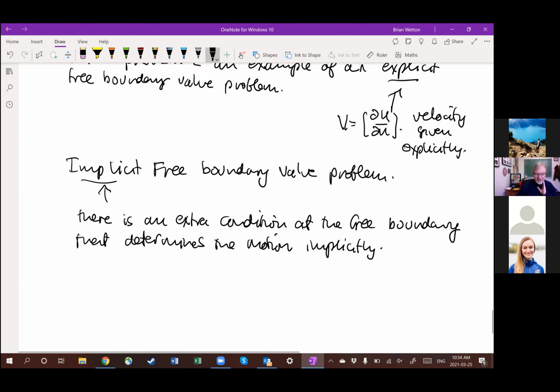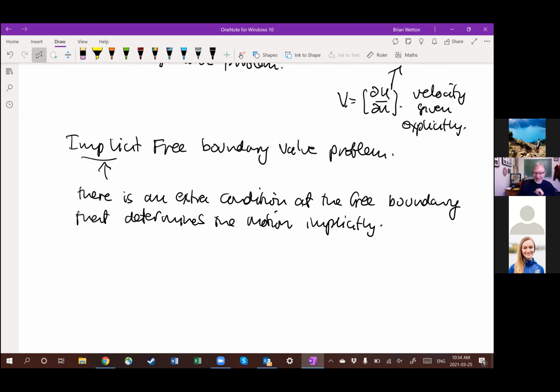The one-sided Stefan problem is the simplest explicit free boundary value problem, and there's a simplest implicit one-sided free boundary value problem. It's called the oxygen depletion problem.